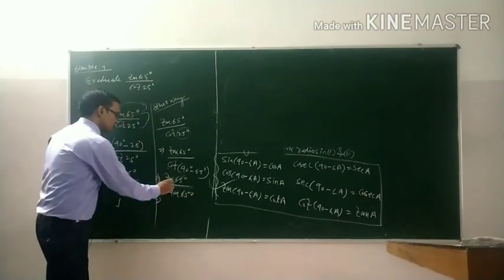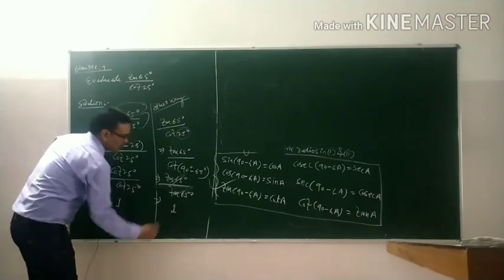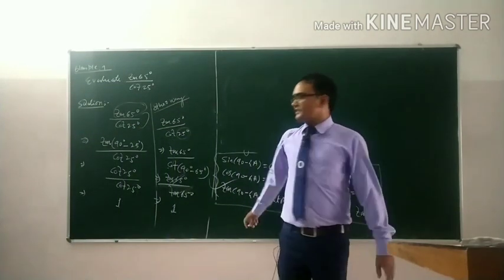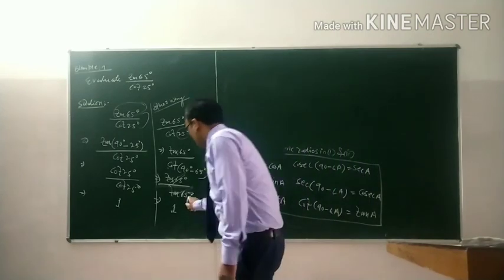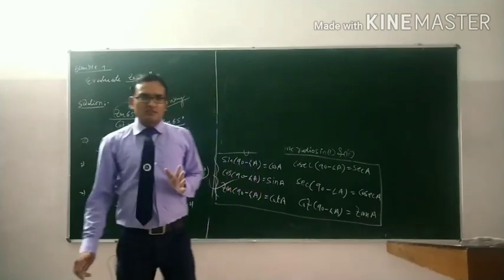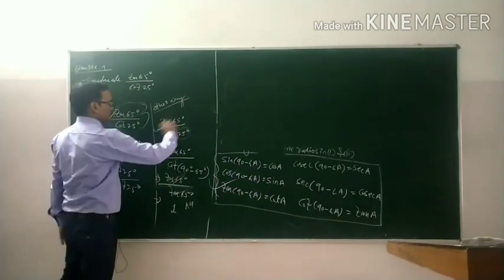Okay students, this will be cancelled, and the value of tan 65 upon tan 65 is 1. Your answer is 1. You can solve this problem either way.